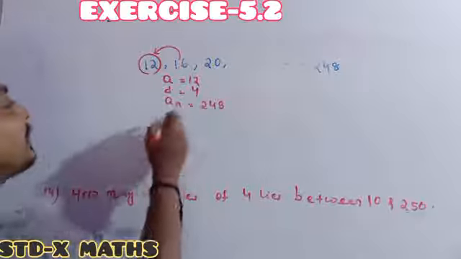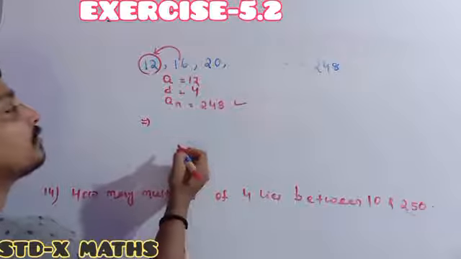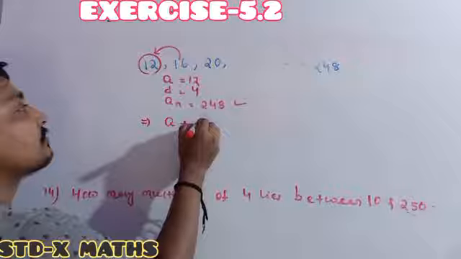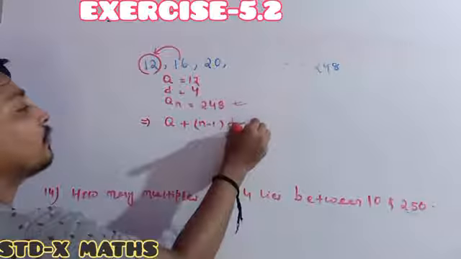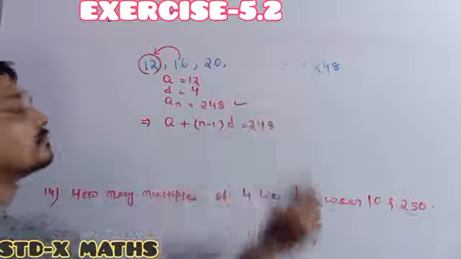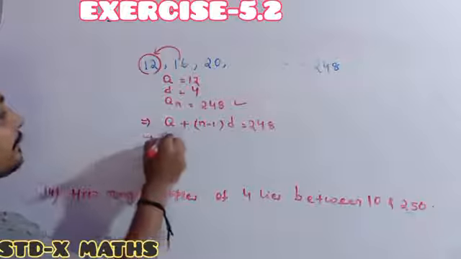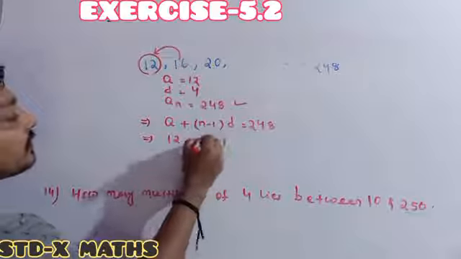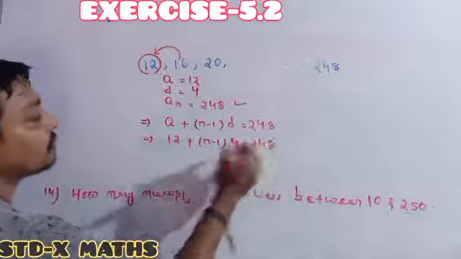And you know that n can be obtained by solving this equation. a_n is equal to 248. It implies a plus (n minus 1) times d is 248. Understood? So a is 12 plus (n minus 1) times d, which is 4, is 248.